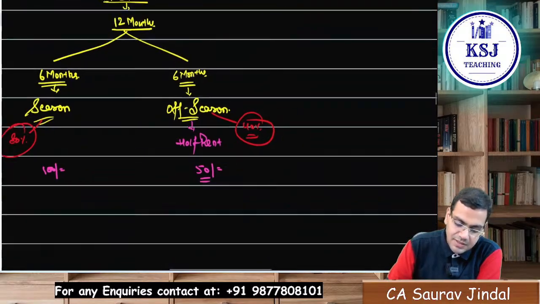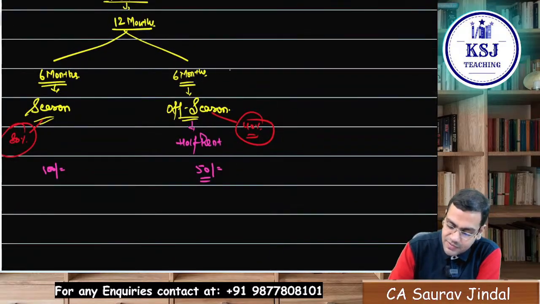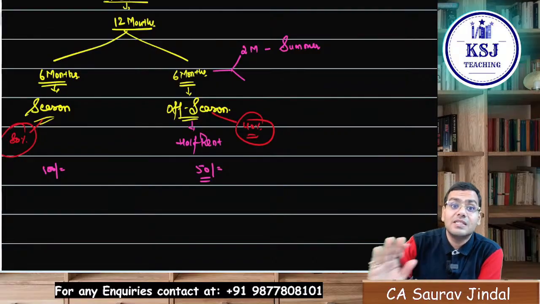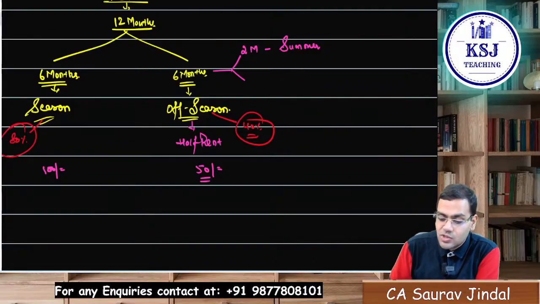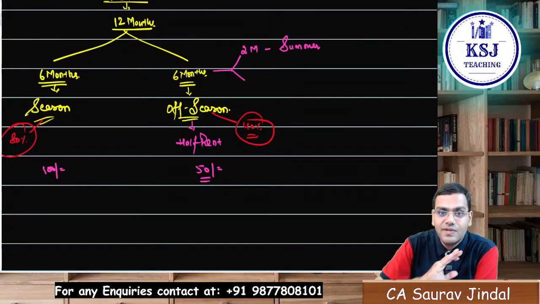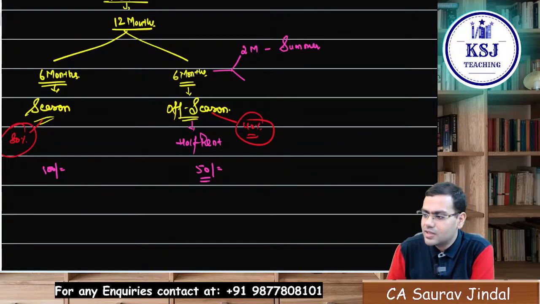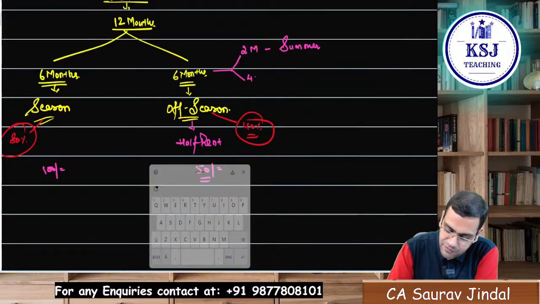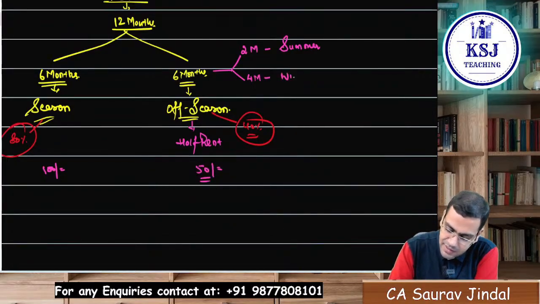So that means this 6 months is further bifurcated into 2 parts. 2 months of summer season, right, when it is off season. 2 months of the summers when the visitors are not there, when the children exams are going on, they will not go to the hill station, right? And the remaining 4 months are the winter season.